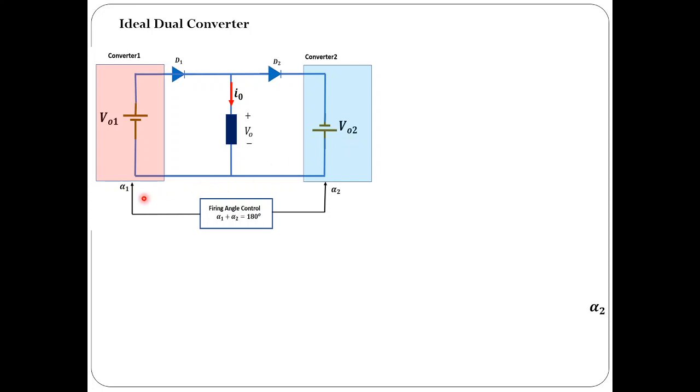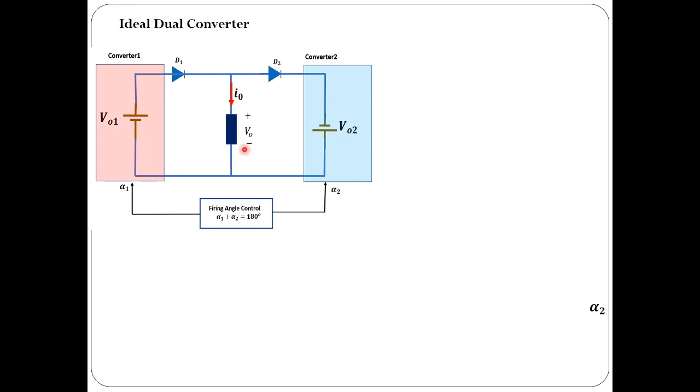By controlling the firing angles alpha 1 and alpha 2 of these 2 converters, you can obtain 4 quadrant operation across the load. You can have either polarity for voltage, and either direction for the current, that is top to bottom or bottom to top.